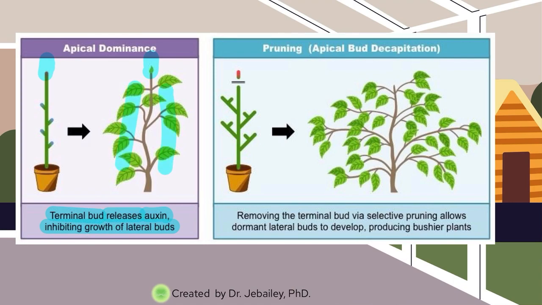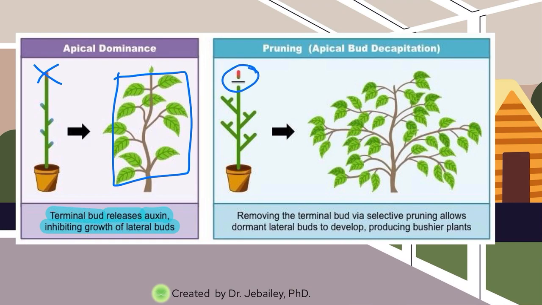But if you do the opposite, if you decide to cut the apical bud, you're destroying the apical bud, and this only allows the growth on the sides, so you're going to see growth of branches. For example, by pruning, if you cut the apical bud, the only thing you will have is the growth of the branches on the sides.